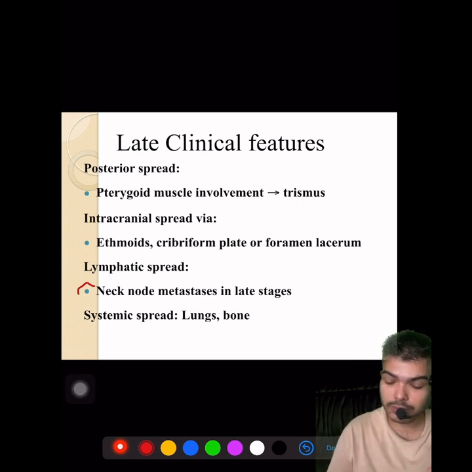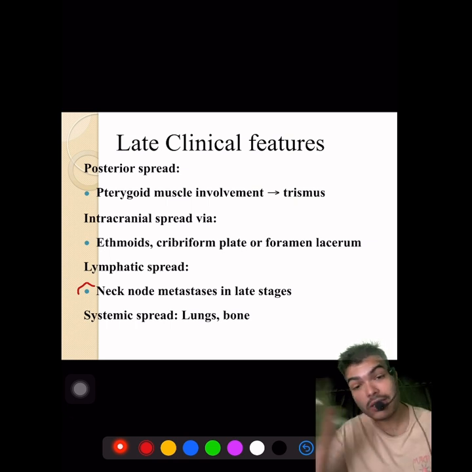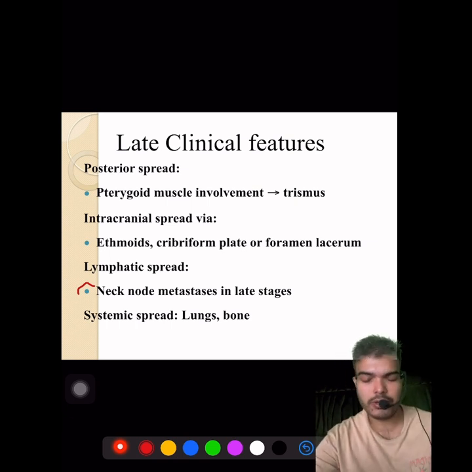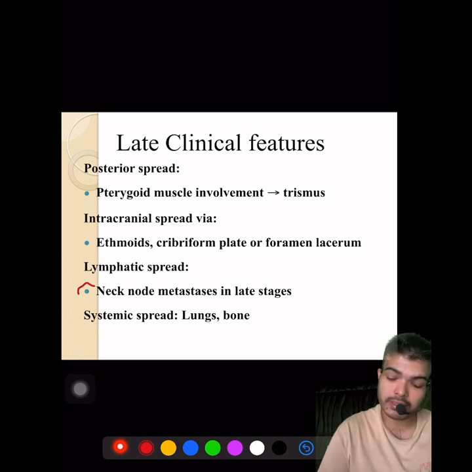The first one is actually lung in the case of males, breast in the case of females, and other tumors are thyroid and prostate. These also tend to metastasize to the bones. So this was an extra information from your orthopedics.